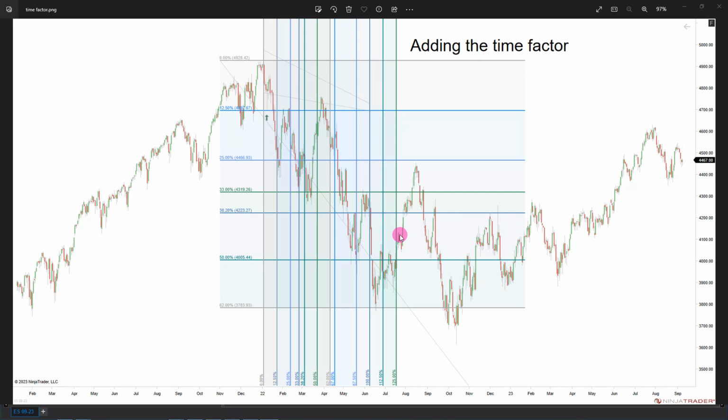But this is really a core technique, very simple. You can set up your fib tools. You can do a price projection and a time projection, and it's going to show you how to square up price and time diatonically, and you can see the important levels in price and in time.